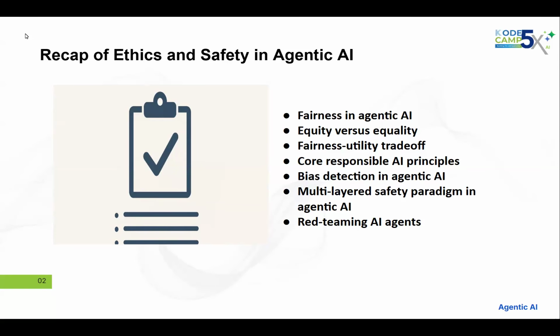So layer one is input guardrails. This checks and filters what goes into the AI, and it protects the AI from, let's say, a harmful request.